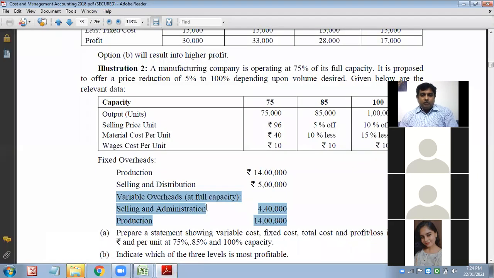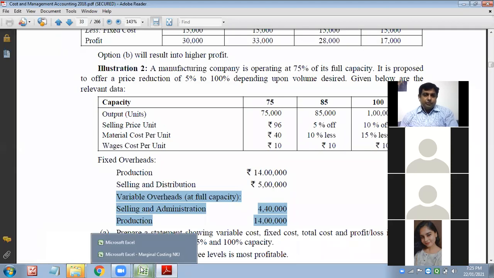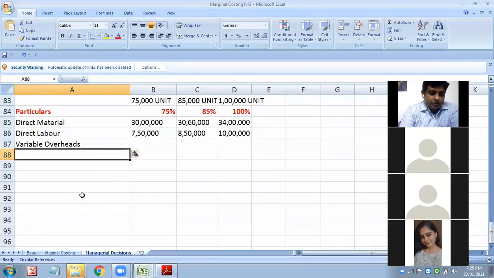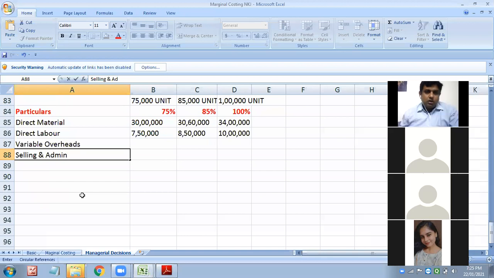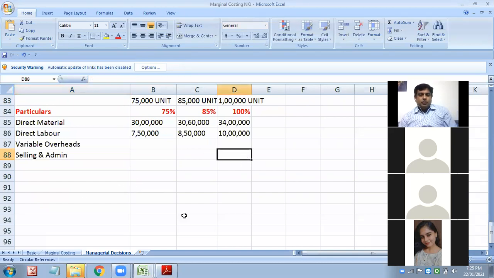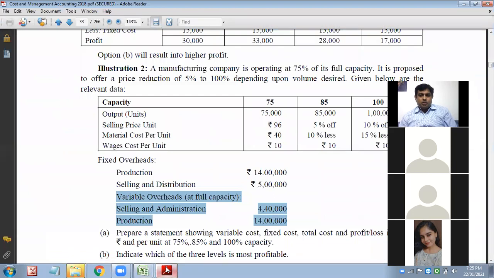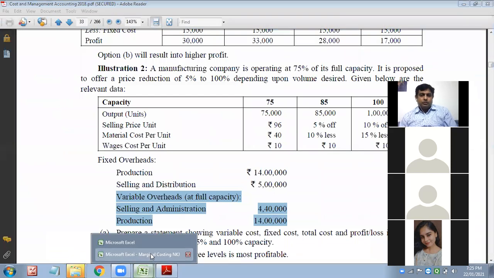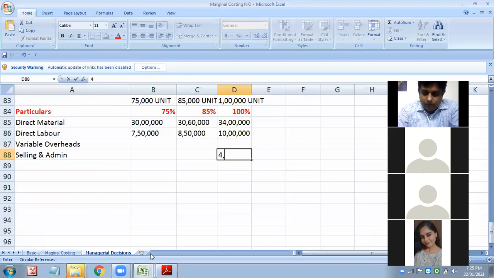Please keep in mind it is for full capacity, meaning this is the cost at 100%. Selling and administration. What is the cost given here? 4,40,000.